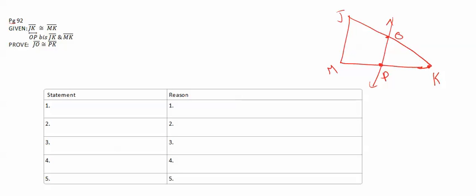Again, when starting off with proofs, I would suggest you always start out with the givens. JK equals MK, line OP bisects JK and MK.